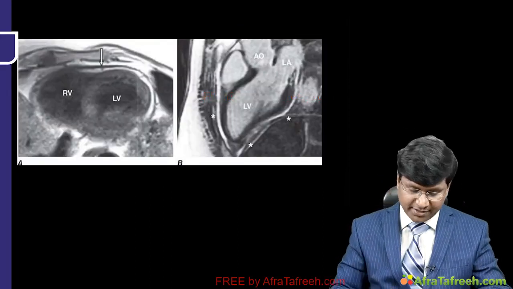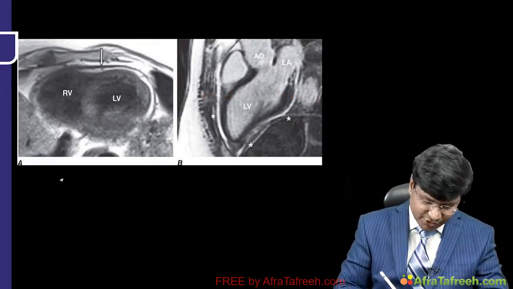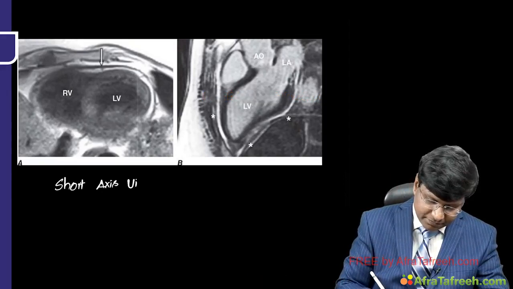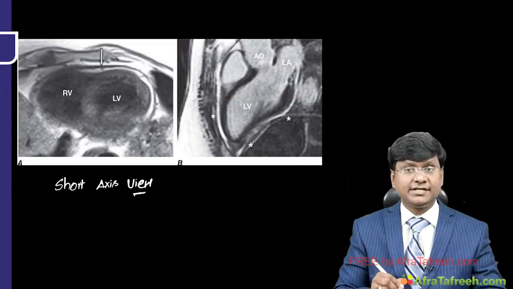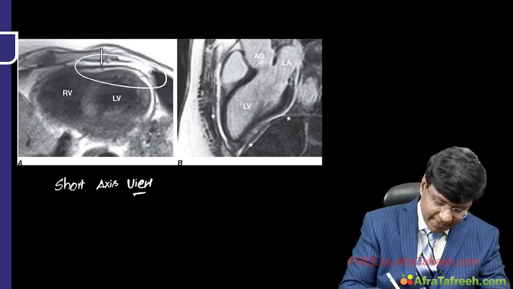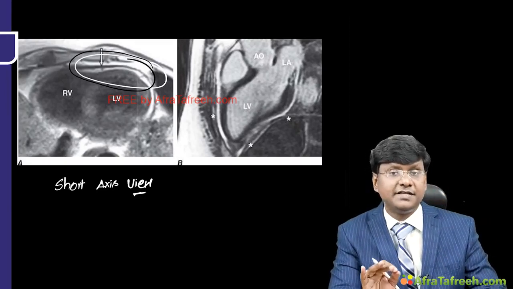Now let me show you the imaging. This is the short axis view of the MRI, where you are able to make out that there is thickening of the pericardium.